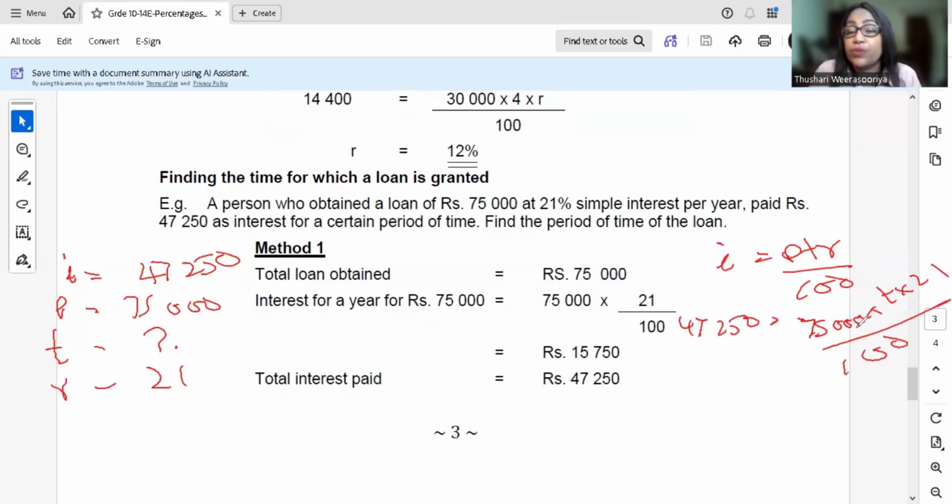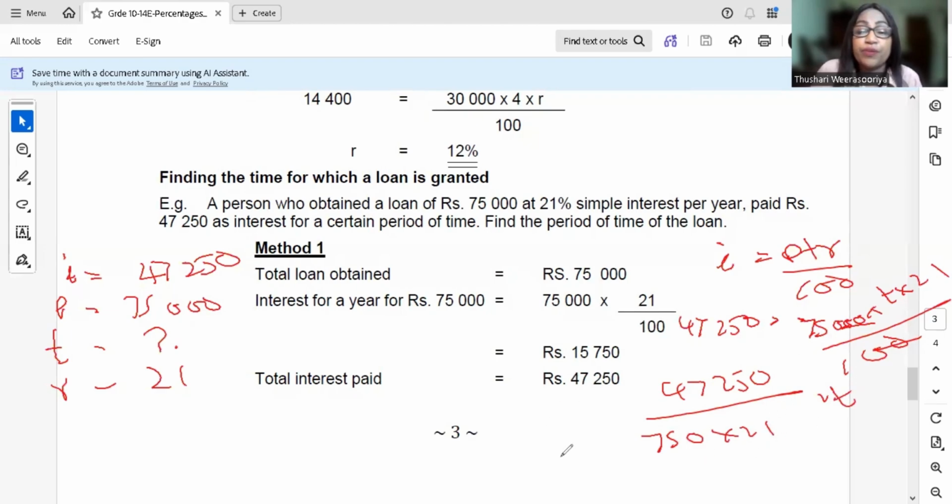Then you can simplify the zeros. Then 47,250 divided by 750 times 21 gives T. Once you simplify, you get 4 years. I think 4 years.